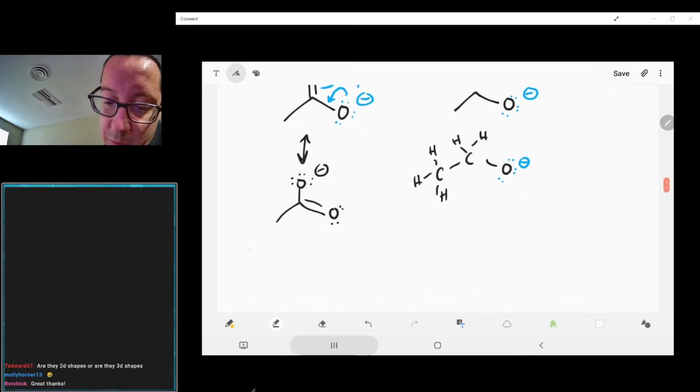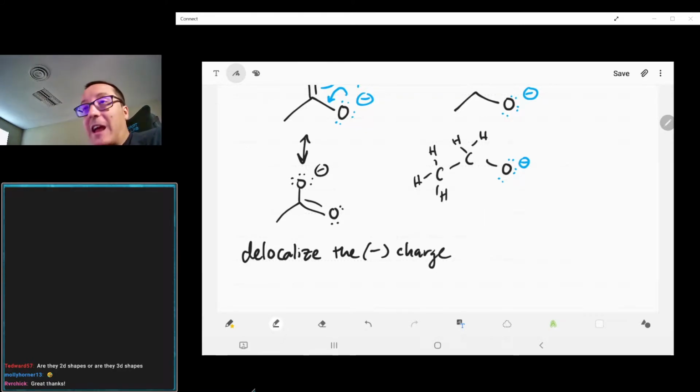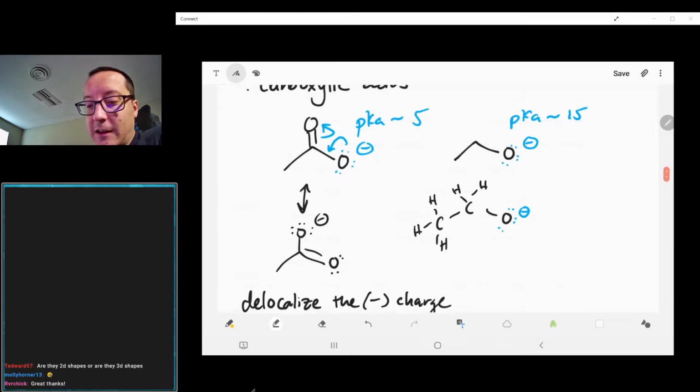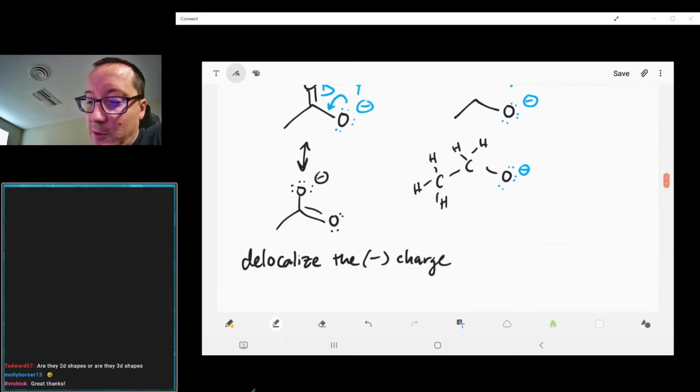Thereby, we delocalize the negative charge. So that extra bit of electron density in there, we're able to move it around. And delocalizing a charge will increase its stability.